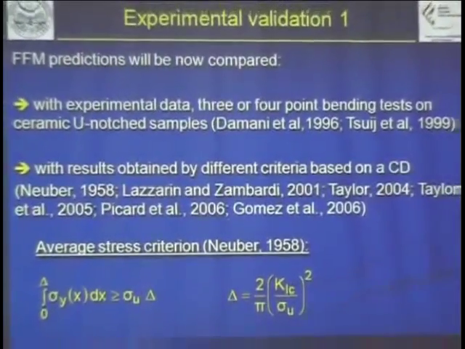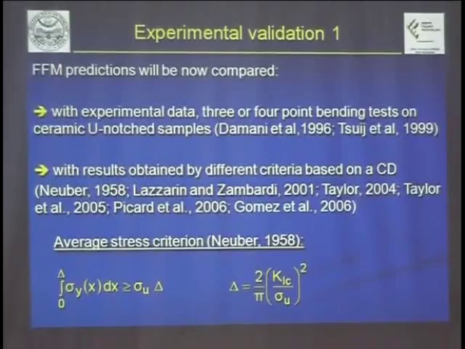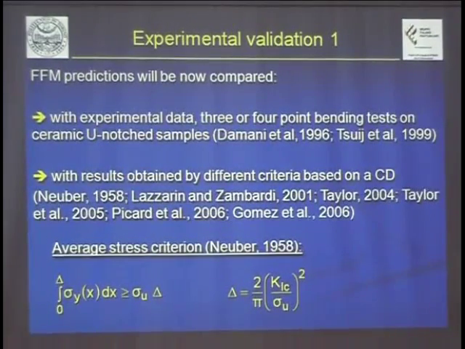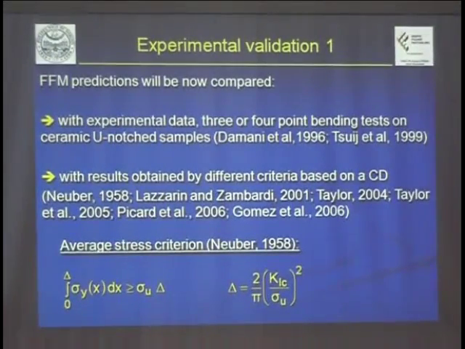And finite fracture mechanics predictions will now be compared both with experimental data related to 3 or 4 point bending tests on ceramic U-notched samples, and with results obtained by different criteria based on a critical distance.